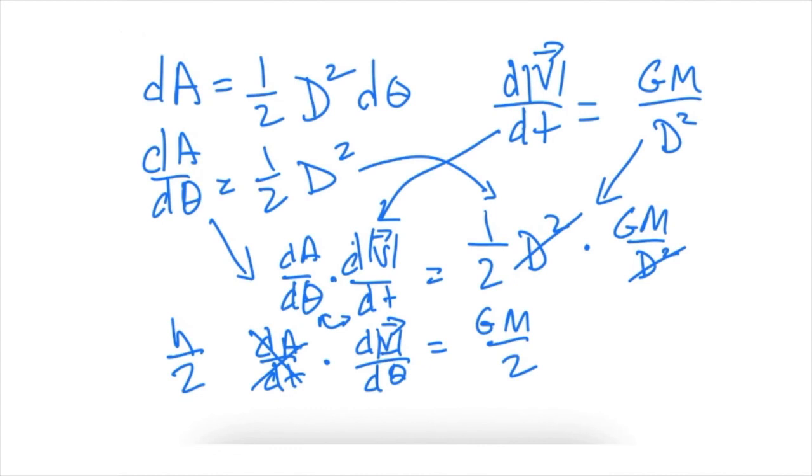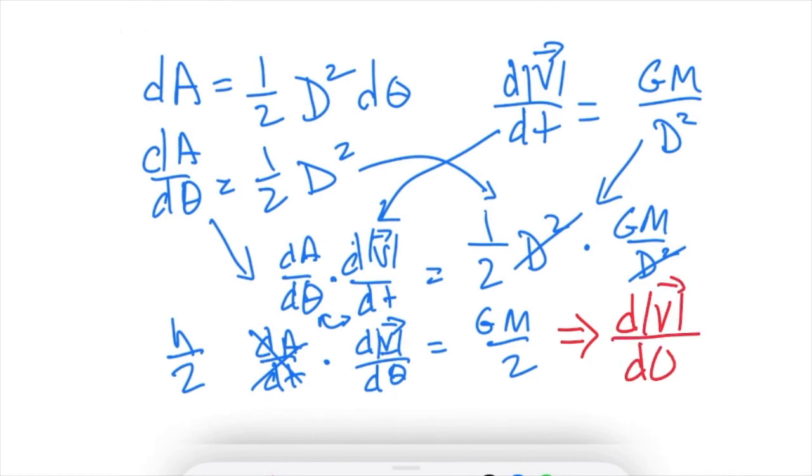And rearranging the equation, we can write it as follows. I'm doing this in red because this is pretty important. We can say that dv/dθ equals GM over h. And let's just remember how we got here.